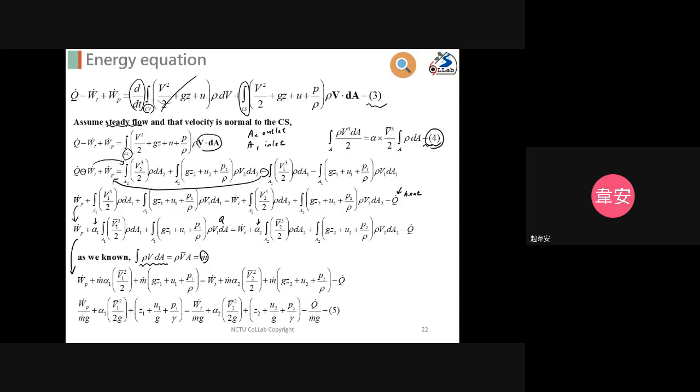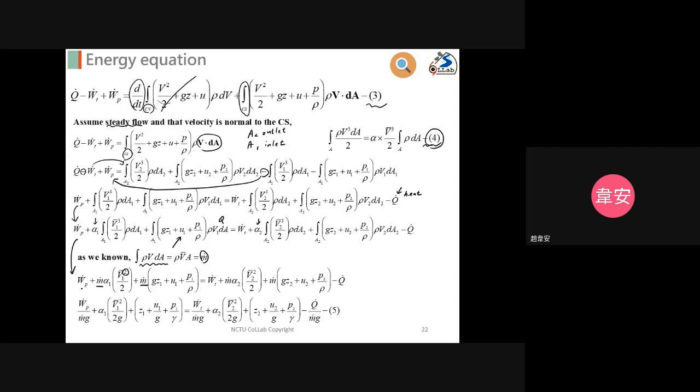We provide additional velocity for the rho dA, so we only have v squared in here, and there is the mass flow rate. And for this item, we have the mass flow rate, and inside is the energy per unit mass.